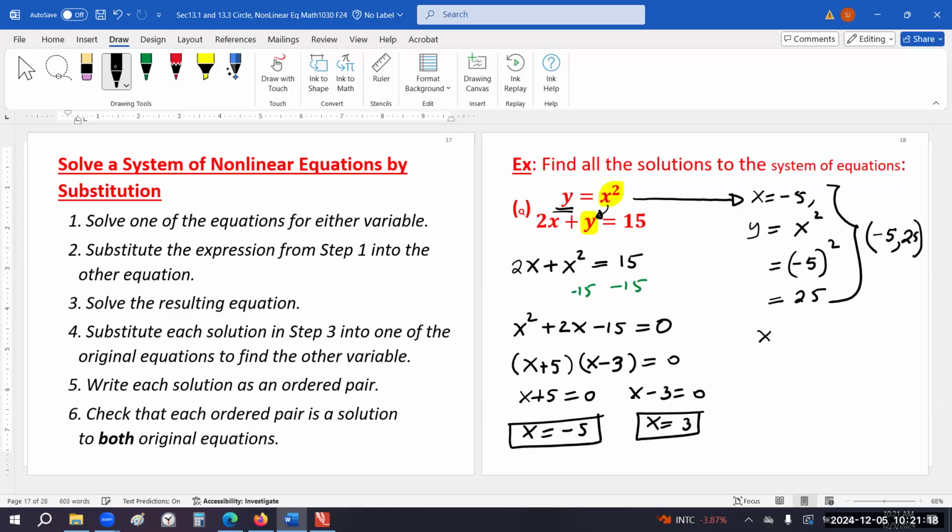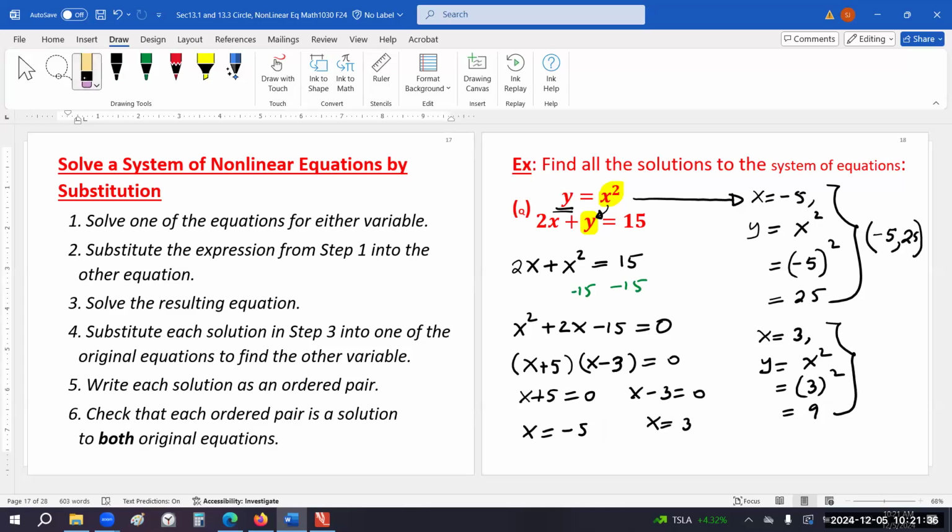But we have another x to work with. x is 3, and we know our y is x squared. That gives us 3 squared. So another solution we get from here is x is 3, y is 9. So if you want to write down the solution together, we have negative 5, positive 25, and positive 3, positive 9.